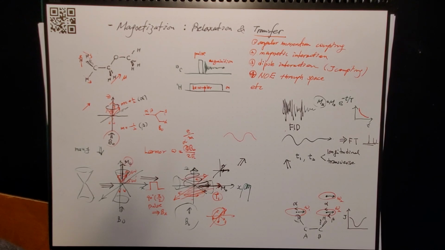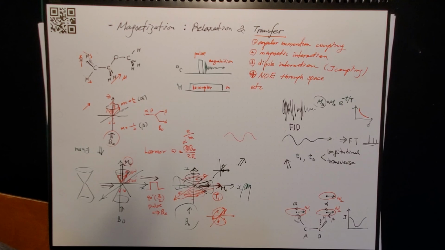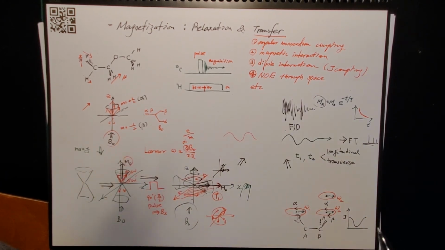Beta beta may have the least probability, but not necessarily, because here you already flipped it. So the population is not necessarily all different. Eventually it becomes different, but after the flip, from here it goes this way and this way, and that's going to be almost equal.